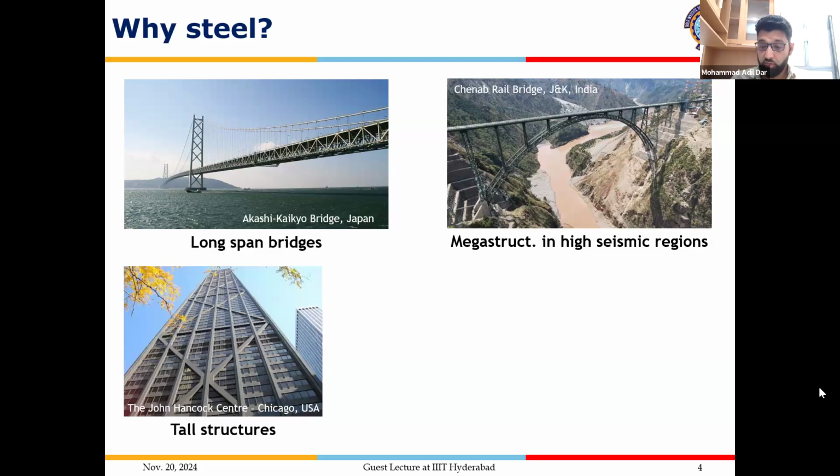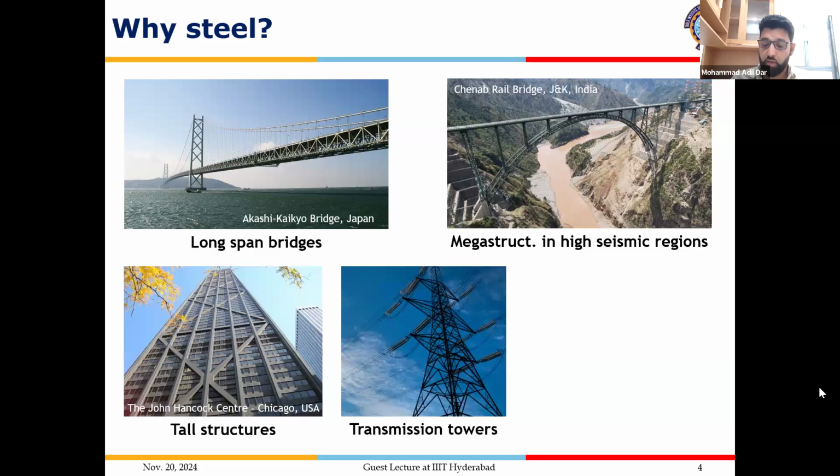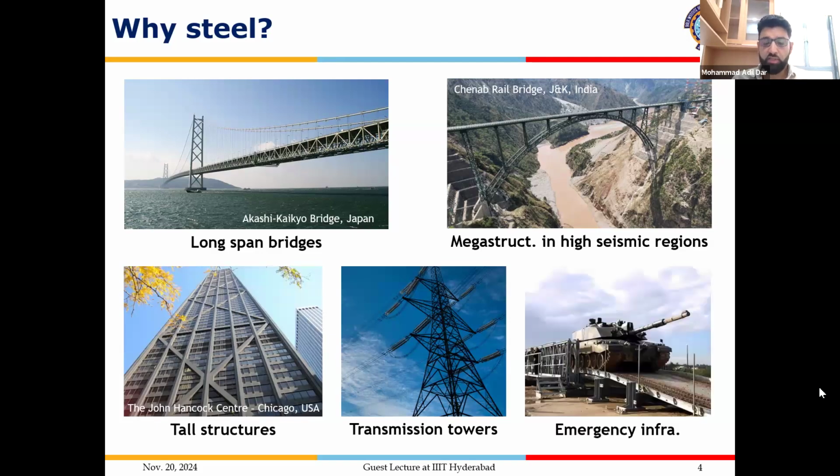Power transmission towers, due to their high strength to weight ratio, continue to be used in such structural systems. Emergency infrastructure, this is just an example of a bridge being used. These are very small examples illustrating the role of steel in modern construction.